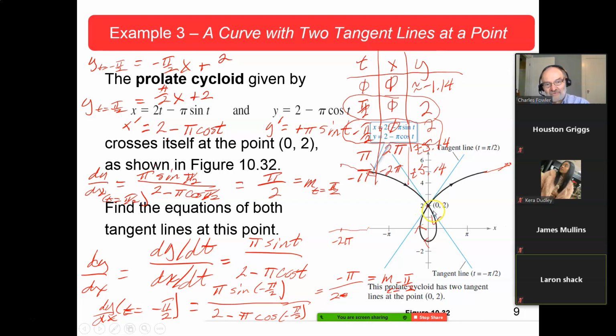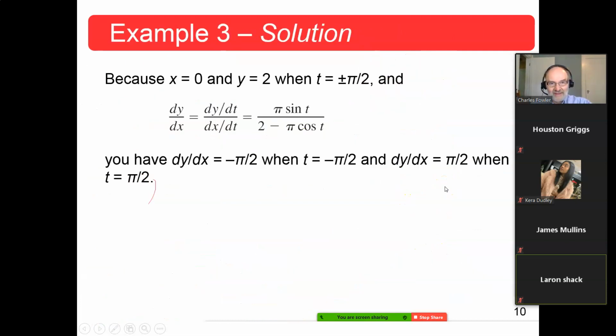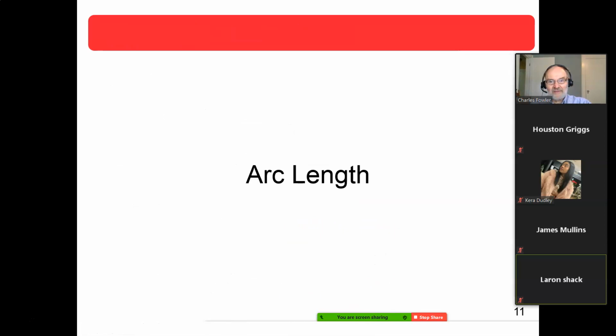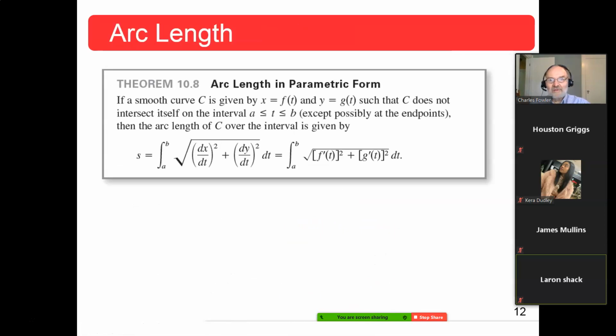Or even better, starting here and just going to there, those would be at the endpoints, both endpoints, or starting here and going anywhere up here, that would have been fine. But you couldn't start somewhere back here and end somewhere past that. That would not be allowed. Okay? So it could intersect itself at possibly the endpoints.